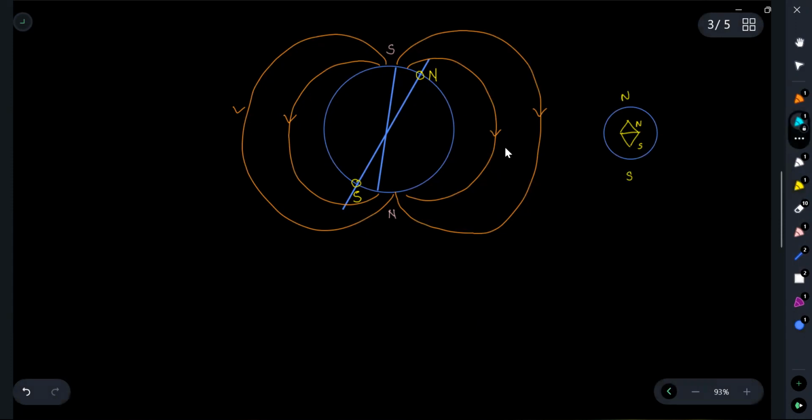But initially when it was observed, the north one was pointing towards the north and the south one towards the south. Do you see a flaw in it? Yeah, it is the opposite of what it should have been, because north will be attracted to the south pole and south will be attracted to the north pole.